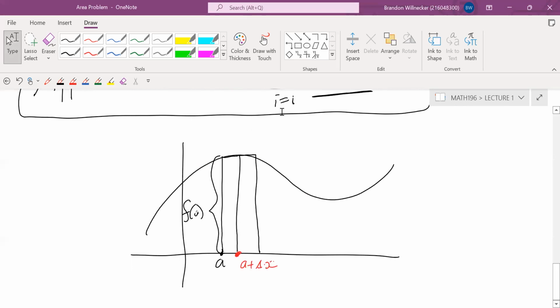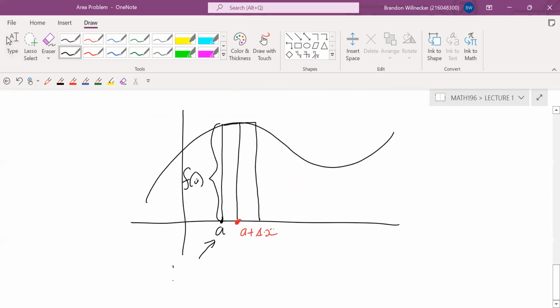Okay, so in this case, we could use the left end point. So here is the left end point, because we're using the left side of the rectangle. Or we could use this, and this would be the right endpoint.